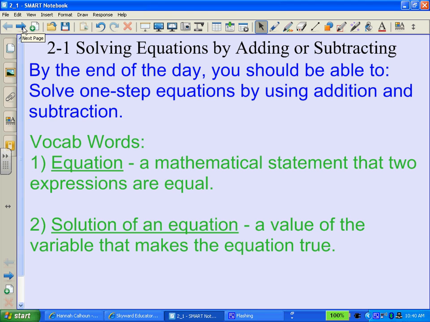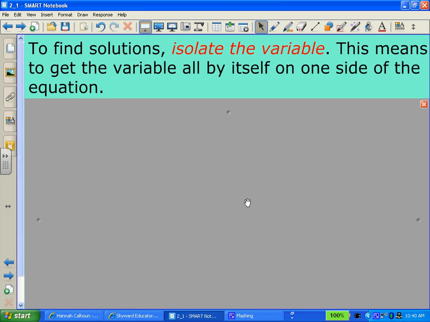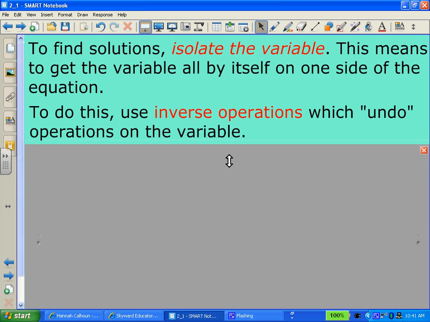So we'll start out with a little explanation of how we're going to go about solving equations. These rules apply to one step, two step, however many steps you're doing. In order to find the solution of an equation, we have to isolate the variable. Isolate means to get the variable by itself, all by itself on one side of the equation.